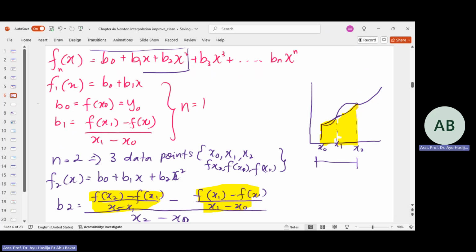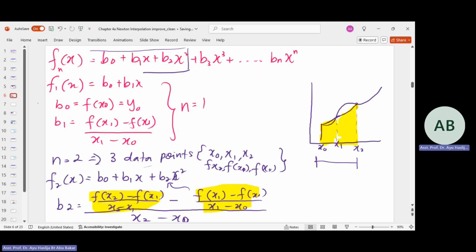Once you get your b2, substitute into the value of b1 from the previous equation. b3 is even more complicated. When n equals 3, how many data points? 4, correct.